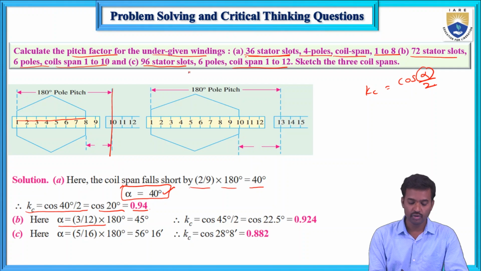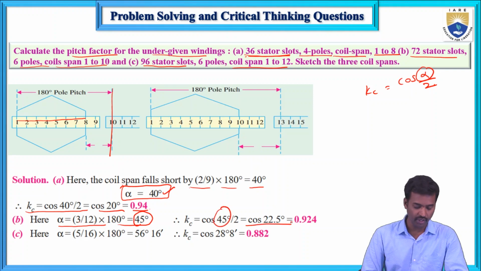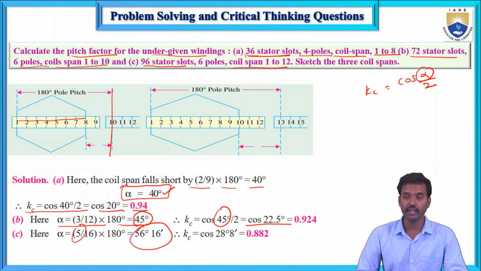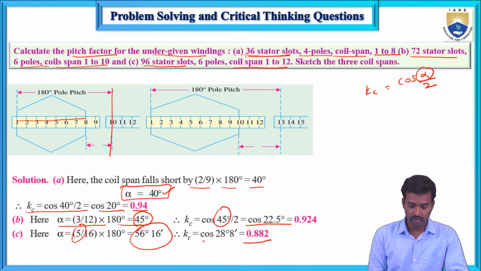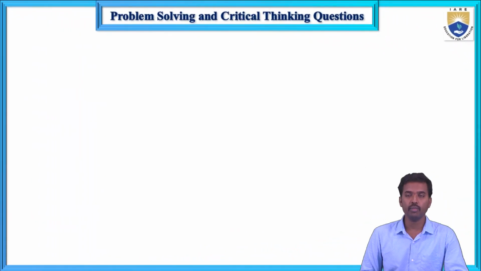Next case, 1 to 10, is 3 by 12, so alpha equals 45 and cos alpha by 2 is cos 22.5. For the last case, 5 by 16, alpha equals 56.25, and cos of 56.25 divided by 2, that is 28.1, gives about 0.88.